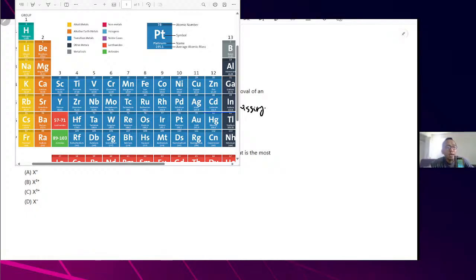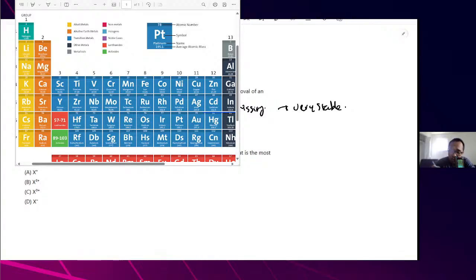So it should be very stable. Ionization energy is the energy needed to remove one electron. If one is already missing, taking out another electron is more difficult. So it's very stable.